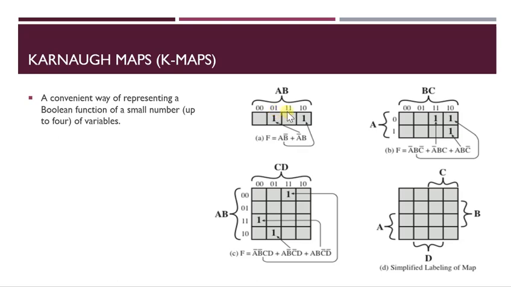After that, we move to 1 1, and the last one is 1 0. Why do we put the third cell as 1 1? Because we want to have only one bit change. If we put 1 0 here, it is going to have 2 bit changes.